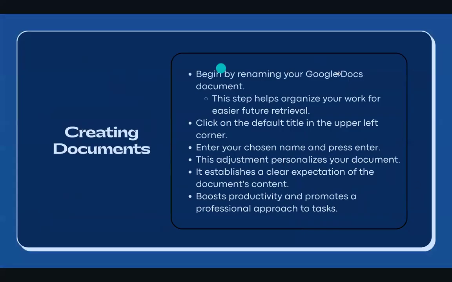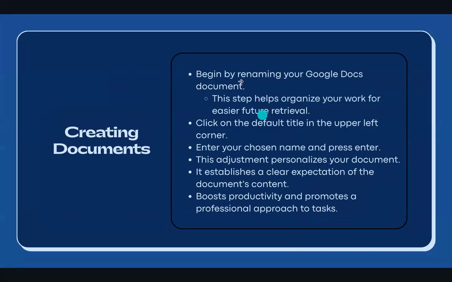So we're going to look at creating. Before we jump into it, just some reminders. I mentioned this last week in week 1: begin by renaming your Google Doc immediately. Often people don't, and it will still sometimes capture Untitled or default names, and that's how it ends up being saved.